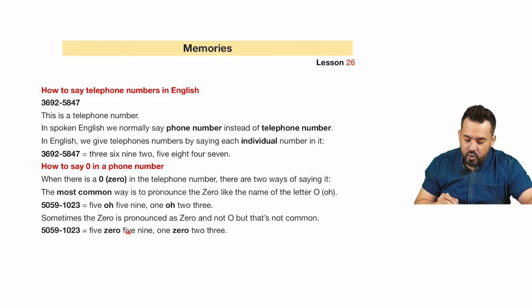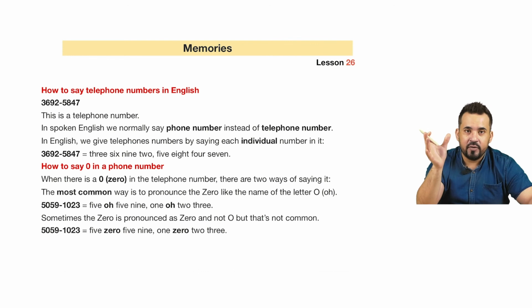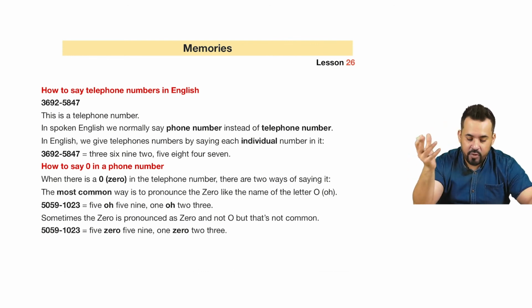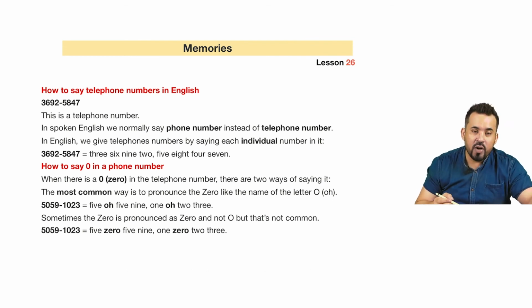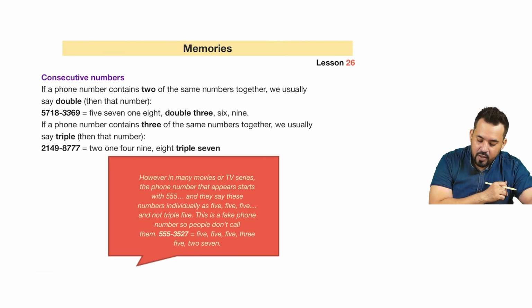Sometimes the zero is pronounced as zero and not O, but that is very uncommon. So just say O, don't say zero. Nobody says zero. Okay, so let's read this number together. 5059 1023. 5059 1023. All right.